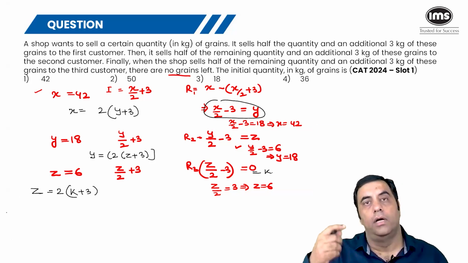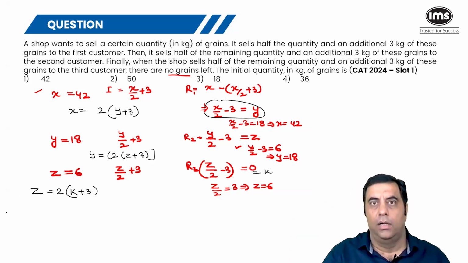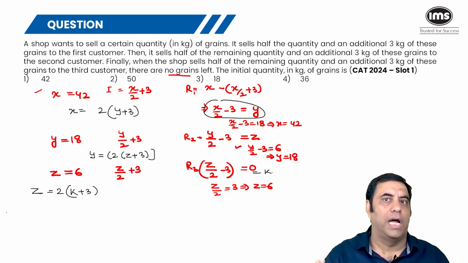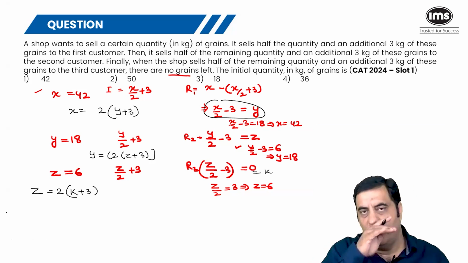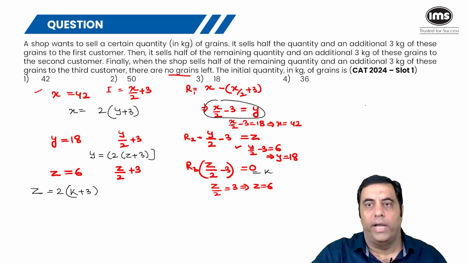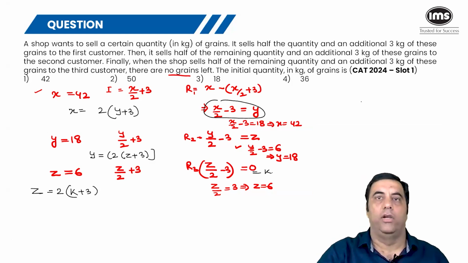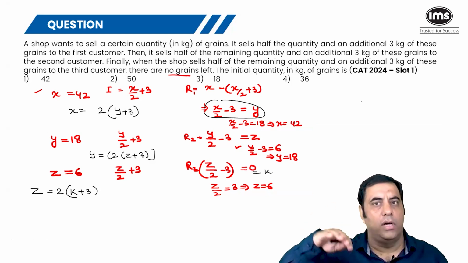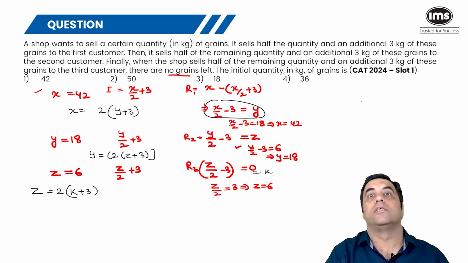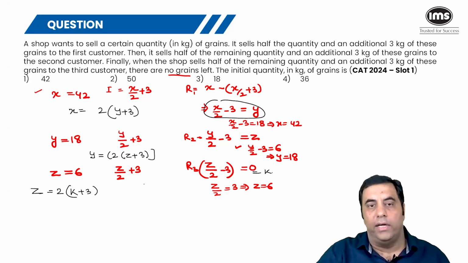Just observe it. Twice of y plus 3, twice of z plus 3, twice of k plus 3. So I can generalize that the previous quantity is twice of the final quantity plus 3. Finally, if k equals 0, I get 2 into 3, that is 6.